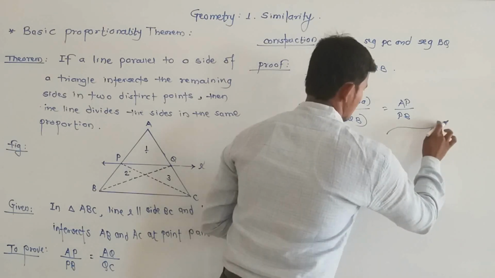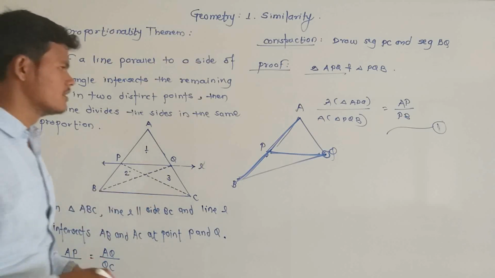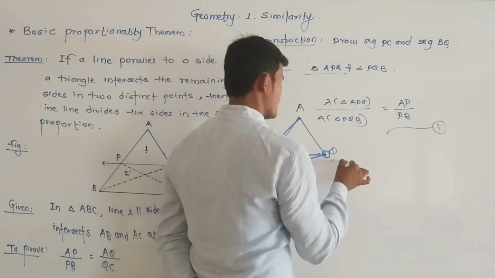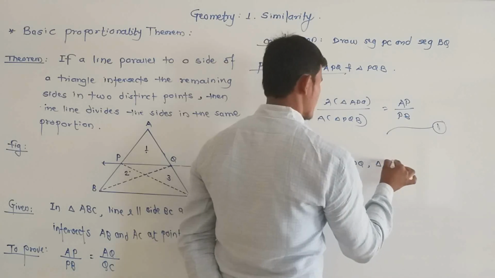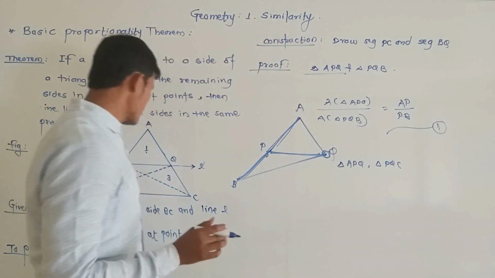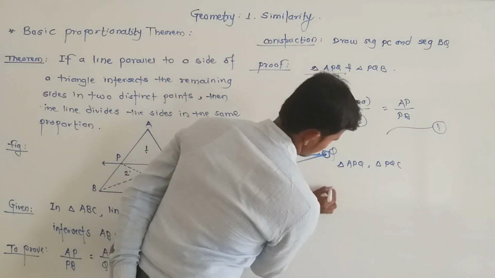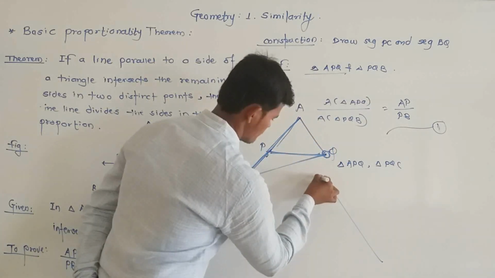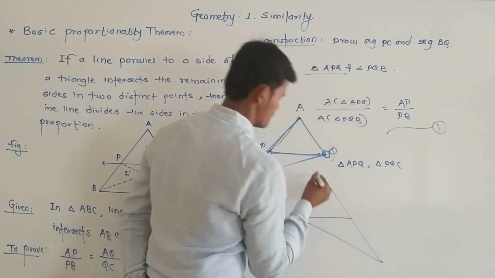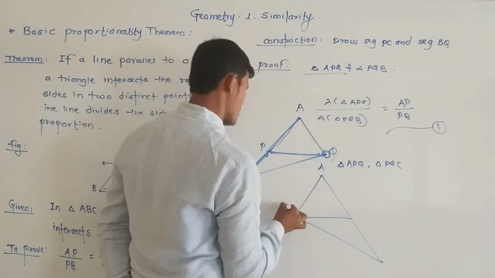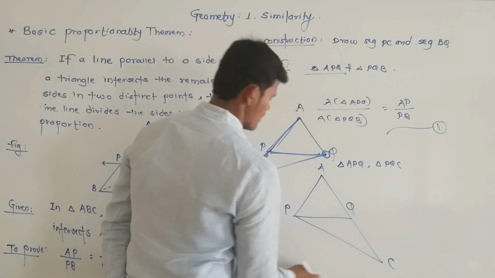Now consider the second pair of triangles, that is the first and third. Now for triangle APQ and triangle PQC, so again I draw these two figures. Triangle APQ and triangle PQC.